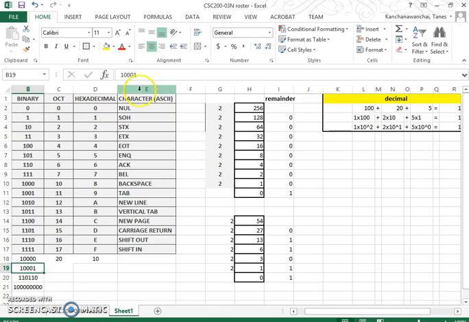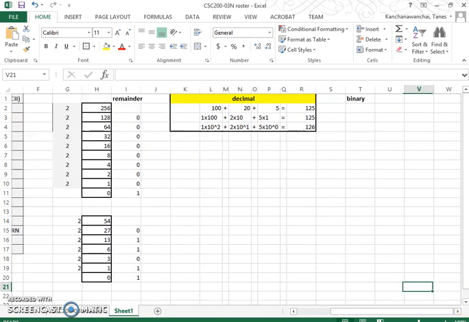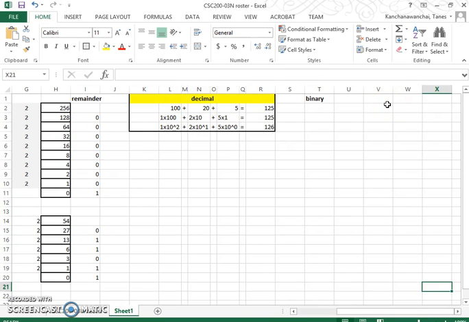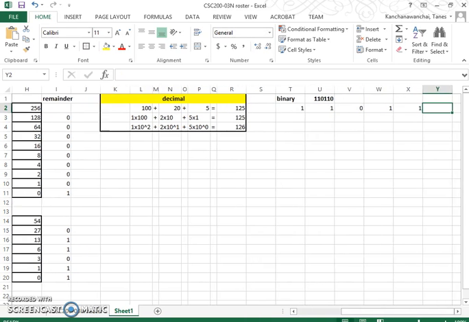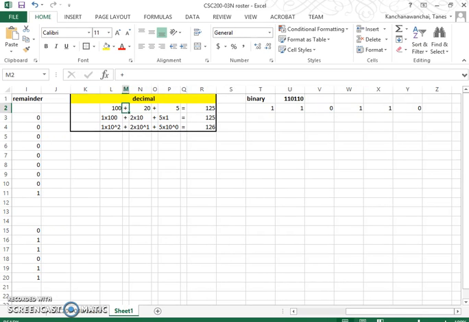Let's pick this one because we want to check that: 110110. Let's assume we don't know the decimal of that format, but this is the number that we want to find. So I'm going to break it down into each cell: 1, 1, 0, 1, 1, 0, just like the way I did with 125, right?